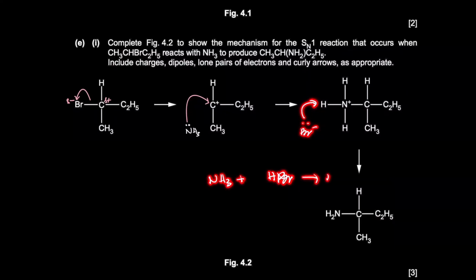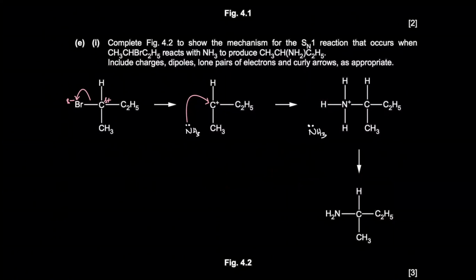So ammonia reacts with HBr to form ammonium bromide. What's actually happening is that this hydrogen is not taken away by the bromide, because bromide is not a very strong base. It's not very good at accepting hydrogens. Ammonia is a better base. So the better way to show this would be that the ammonia takes the hydrogen like that.